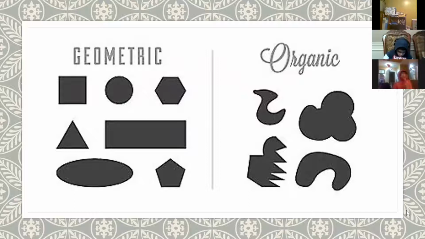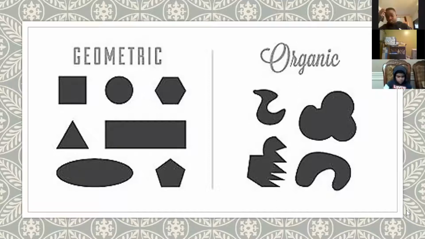What do you think organic shape is? What do you think that means when I categorize something as an organic shape? Who can raise their hand and tell me? Aaliyah? I think when you mean organic, you mean like weird looking. Yeah, for sure. It's definitely odd, right?